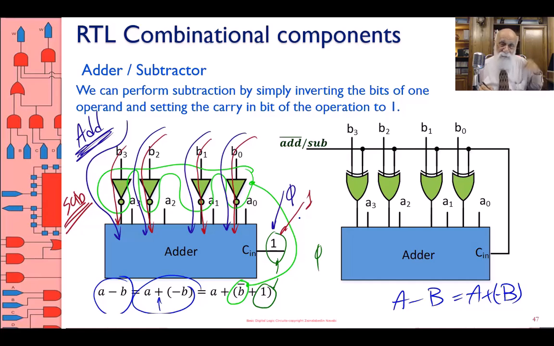But then there is a signal that becomes 0 when I'm adding and becomes 1 when I'm subtracting. That signal, I call it add bar subtract, or A bar S. That means it's 0 when I'm adding, and it's a 1 if I'm subtracting.